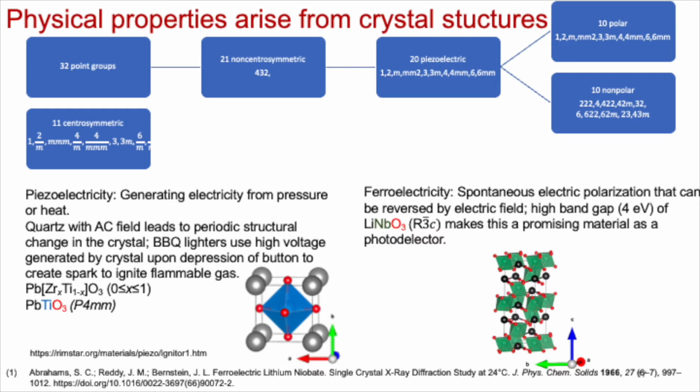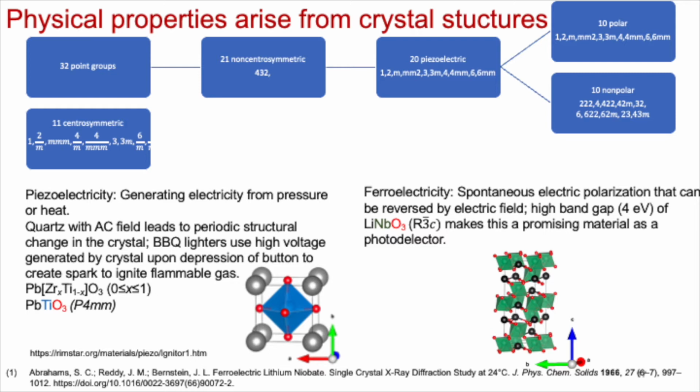It goes back many, many decades of people trying to understand the average crystal structure, as well as the local crystal structure, and how that has an effect on the physical properties, right? So the fact that the titanium atom moves off center allows us to take advantage of its property of generating electricity from pressure or heat.